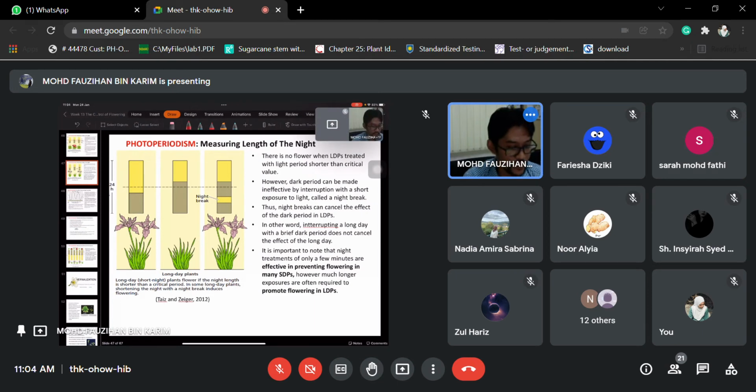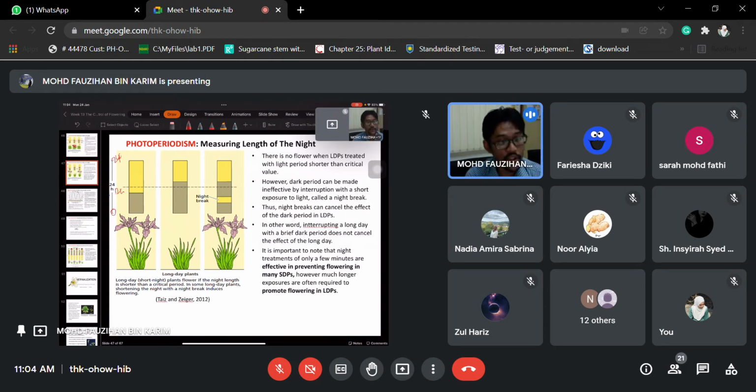Alright? So for long day plants, okay, again, it's 0, 12 hours, 24. Alright? So if you expose the plants with the lights more than the plants under the darkness, it will start flowering.